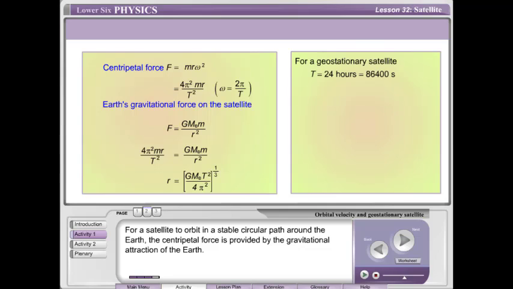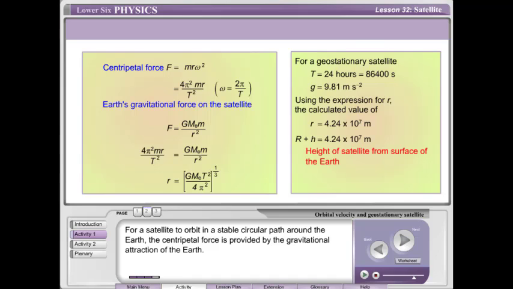For a geostationary satellite, T equals 24 hours, which equals 86,400 seconds. g equals 9.81 meters per second squared. Using the expression for small r, the calculated value of small r equals 4.24 times 10 to the power 7 meters.